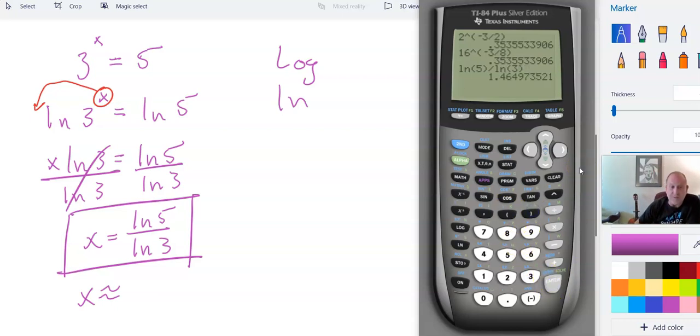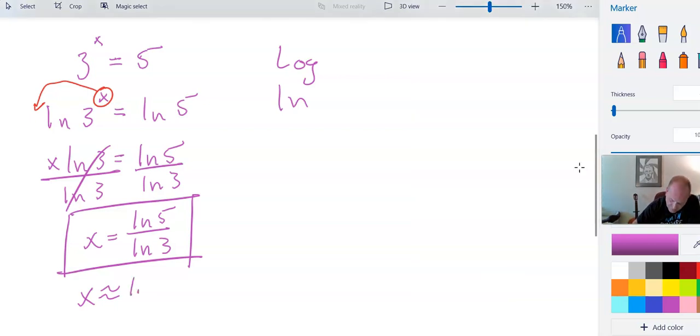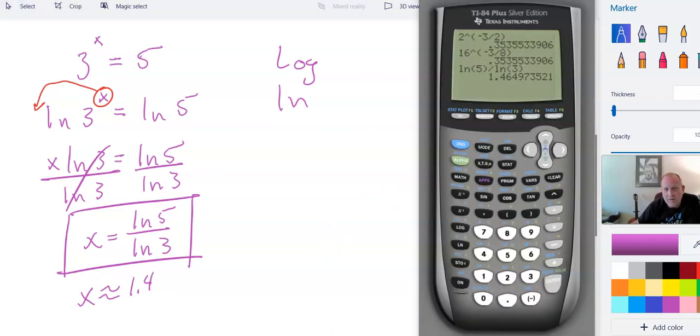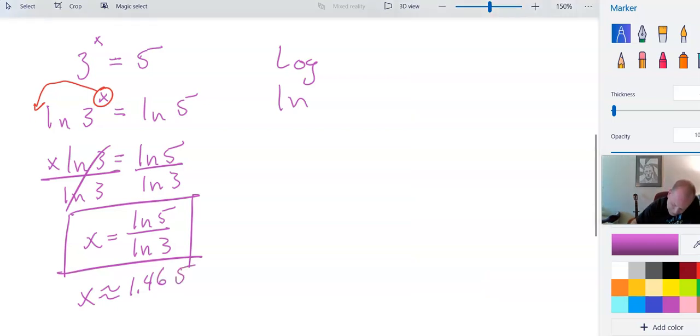This is approximately 1.465. There's our decimal approximation.